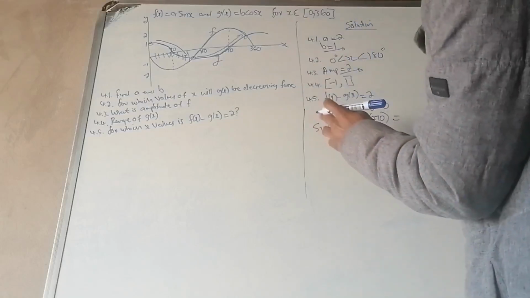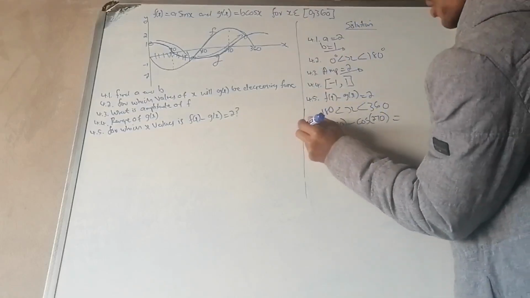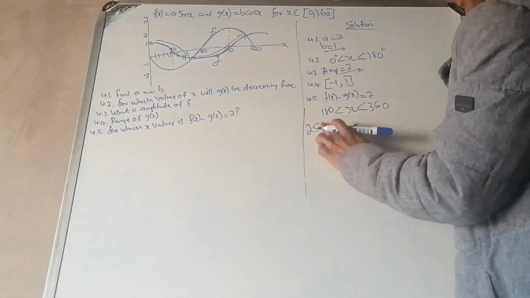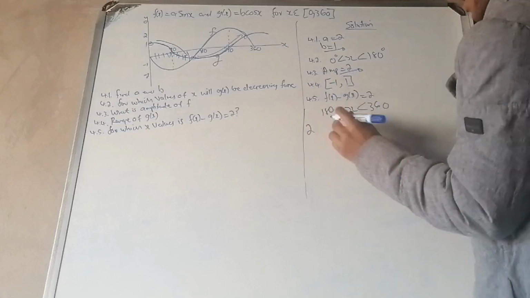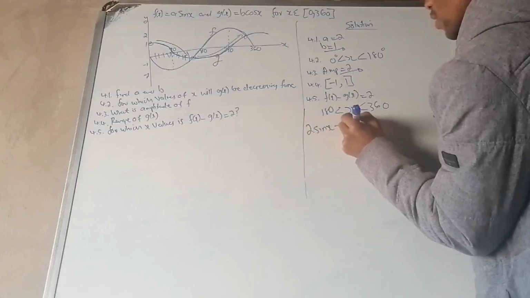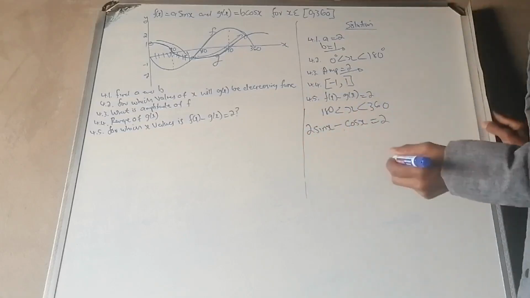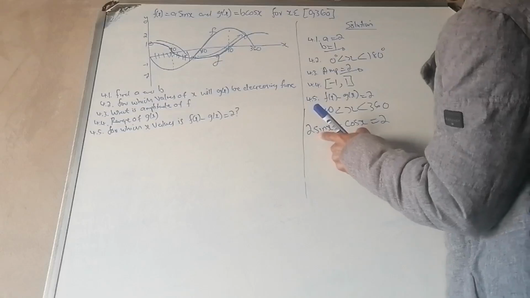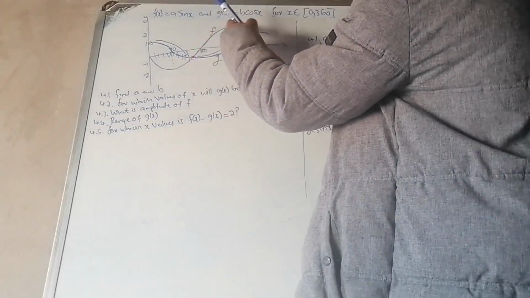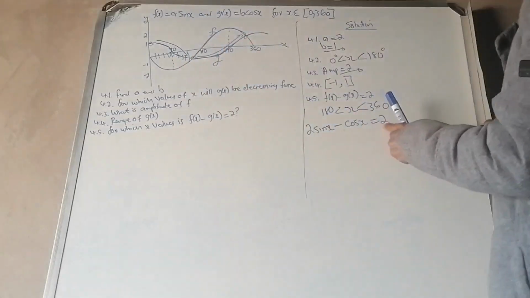With 2 sin x minus cos x, what do we get? 2 again. In fact we want 2.